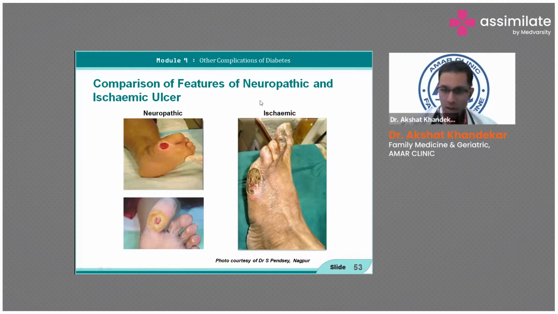If you could see, actually it is deep down there, and you can see the ulcers, their margins, circumferential. And here in the third picture, it is ischemic. So you could see the black part, and it's on the edge. The neuropathic ones are on the pressure points, and these are on the edge.